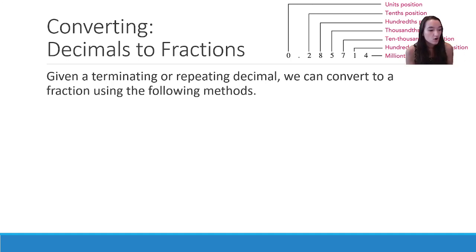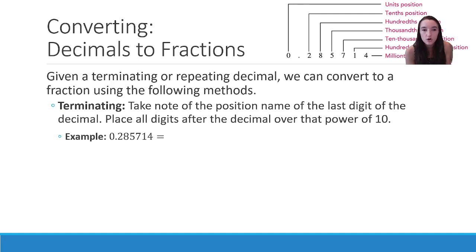Now, given a terminating or repeating decimal, we can convert to a fraction using the following method. For terminating, we take note of the position name of the last digit of the decimal, and we place all digits after the decimal over that power of 10. The example up here is 0.285714.